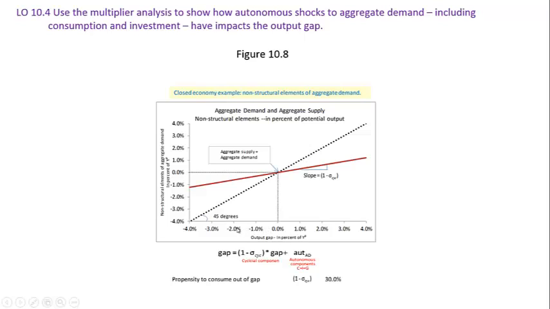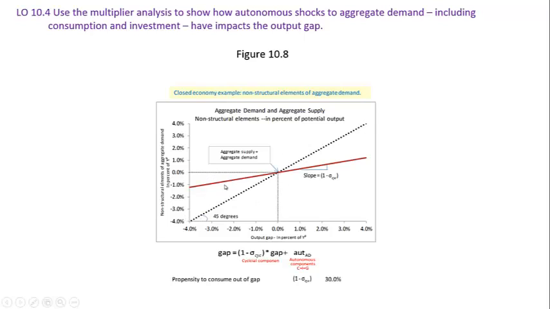To the left we have negative values, and to the right we have positive values. On the vertical axis here we have the elements of expenditures: consumption, investment, and government. Along this 45-degree line, at any point in time, these three elements must add up to the gap. So this is telling us that C plus I plus G over here is exactly equal to the output gap over here. That's why this is a 45-degree line.